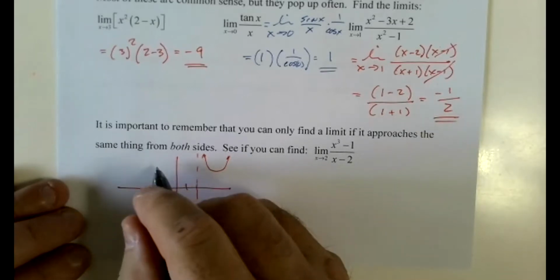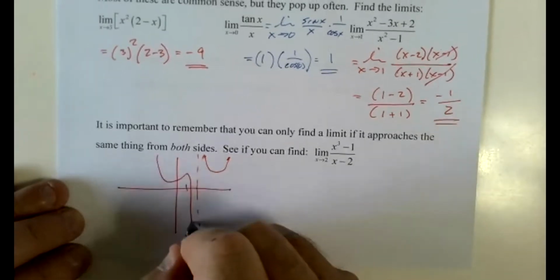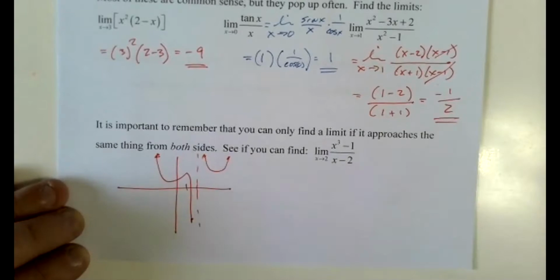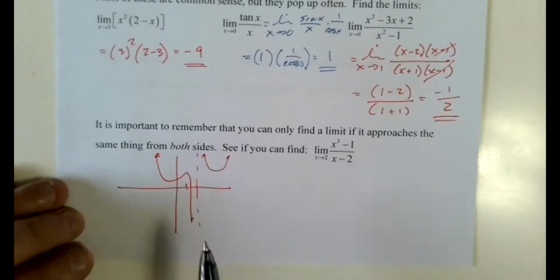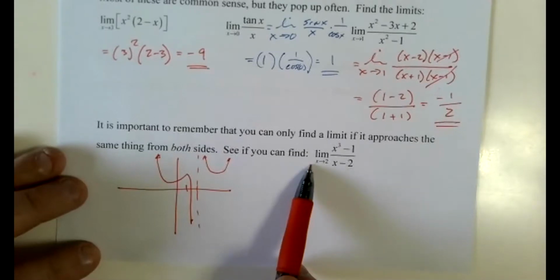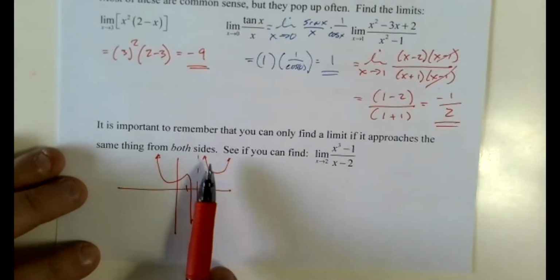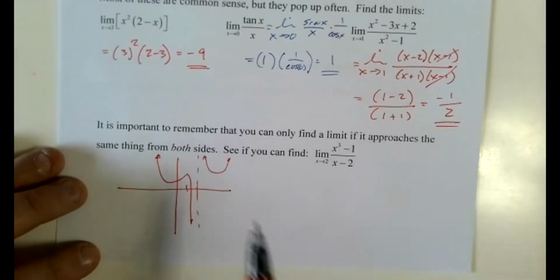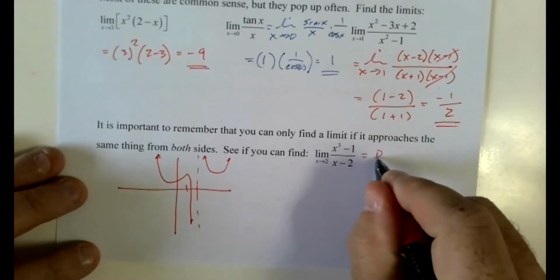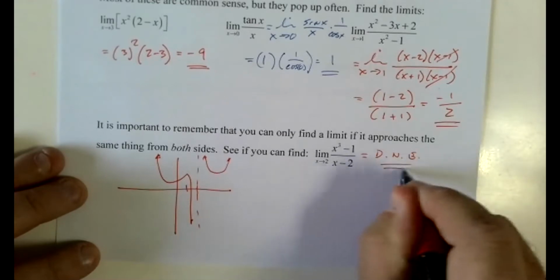And on the other side, it does something like this or some weird thing. And we are going to cheat. We are at some point in time going to say limits go to infinity. So it's going to negative infinity or positive infinity. However, this one, as x approaches 2, on the right goes down, on the left goes up. This does not exist.